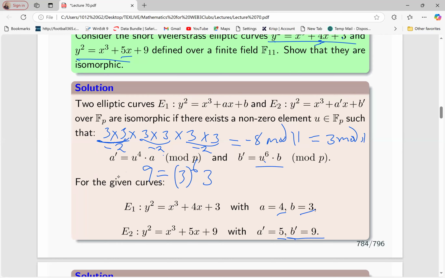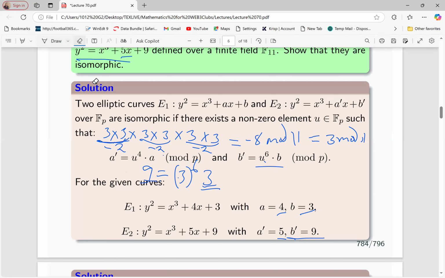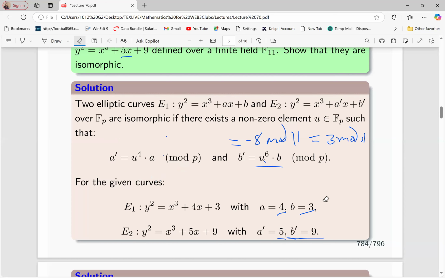So -8 plus 11 gives you 3. That means 3 raised to 6 is 3. Now multiply by this 3 and you get 9. So the right-hand side equals the left-hand side. Since the conditions have been met, the two curves are therefore isomorphic.